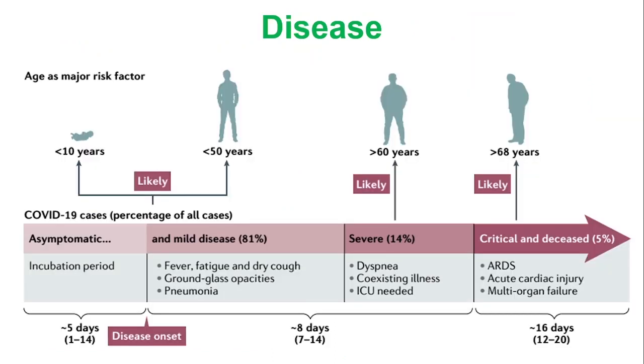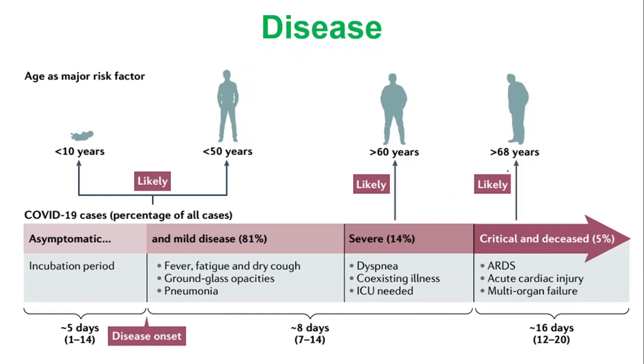In this disease, age is a major risk factor. Below 50, more than 80% of cases show only fever, fatigue, and dry cough, and some are asymptomatic. Around 14% of cases, those above 60 years, show hypoxia or sometimes need ICU beds, with somewhat severe symptoms.